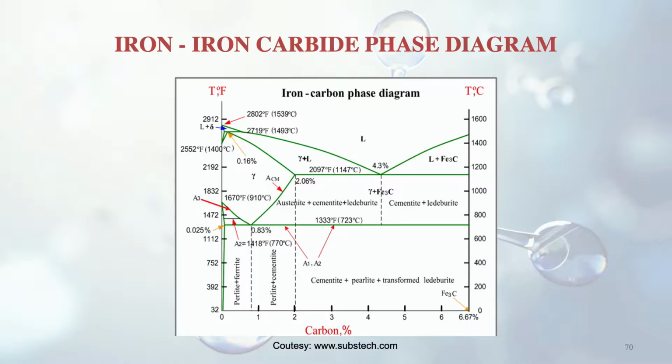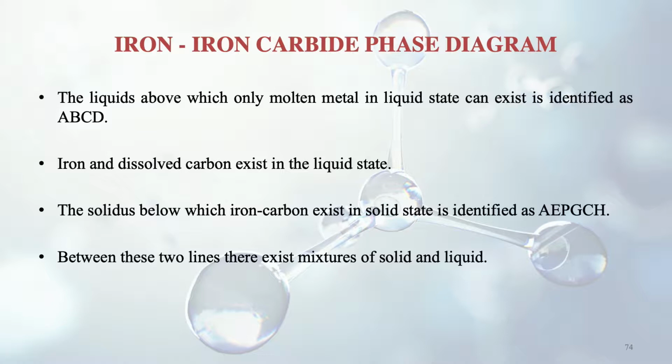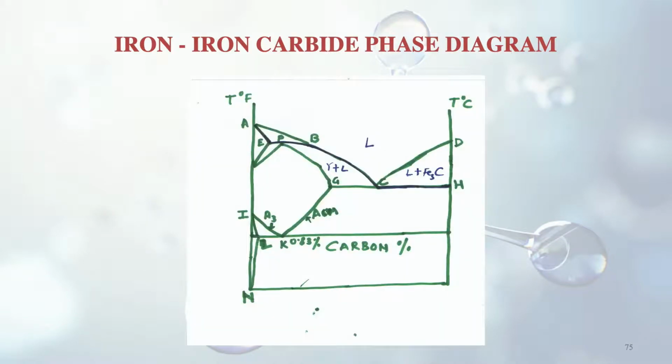That's why this line is also known as the solidus line. Between these two lines there exist mixtures of solid and liquid, like you can see gamma plus L. Gamma refers to austenite and L refers to the liquid. So it's a mixture there, solid and liquid both are there.